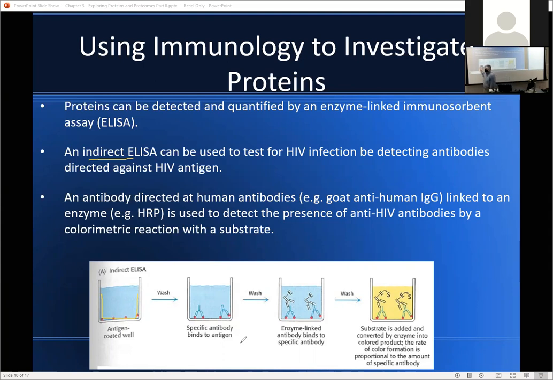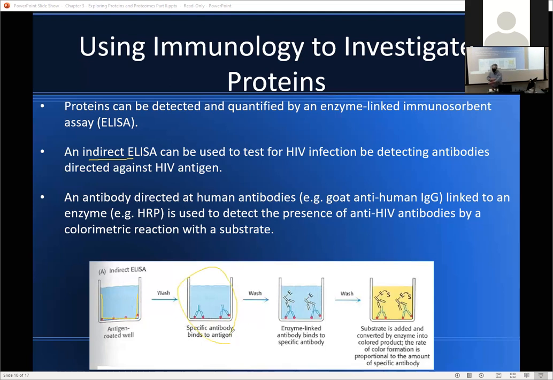Okay, similarly, because we're in a pandemic, we could do this with COVID-19 too. Instead of using HIV proteins, we could purify the spike proteins from the coronavirus that causes COVID-19, and we could coat an ELISA well with that. Okay. Next step, we take patient antiserum.